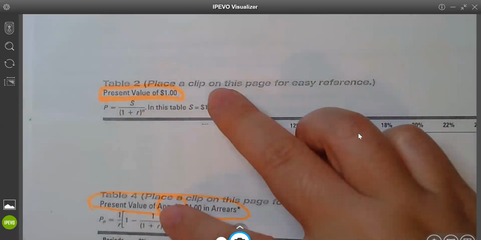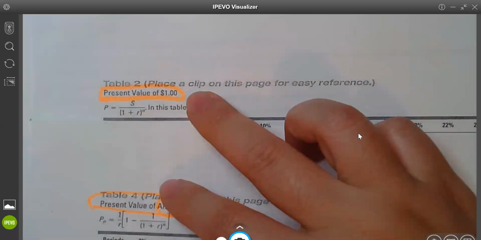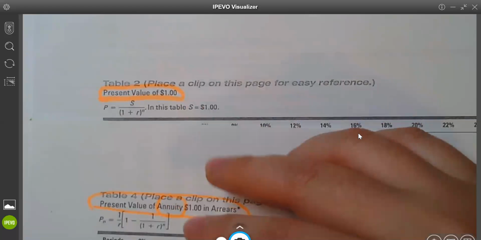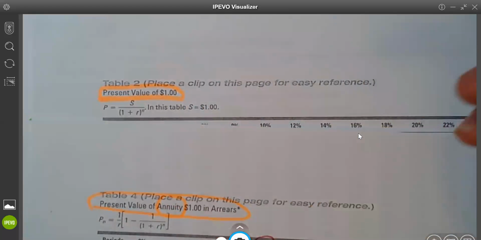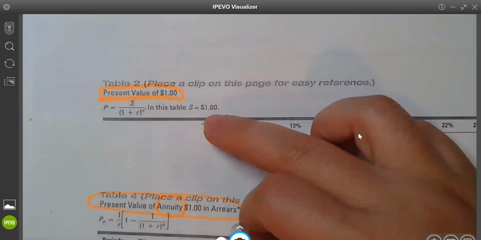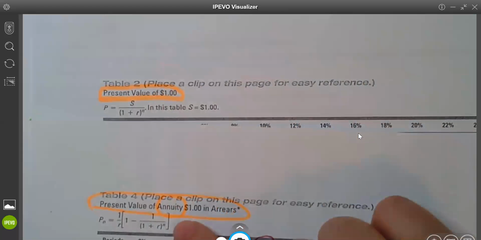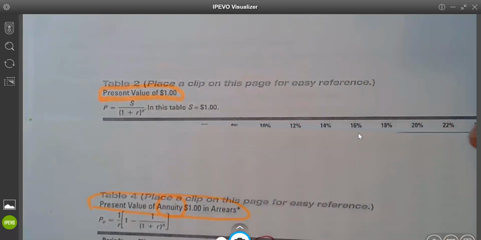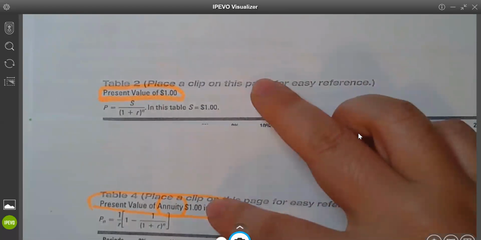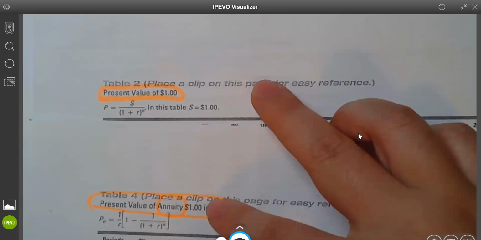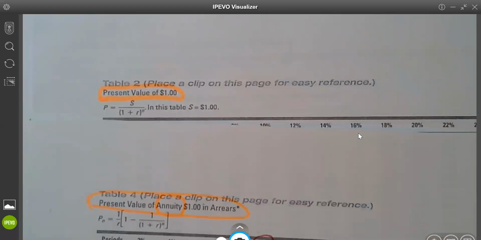I'll talk more in the next video, but the general idea is: if it's a one-time transaction, say you will get $10,000 2 years later, it will be the present value of $1, and we use table 2. But if you will get $10,000 every year for 2 years, that's when we use table 4, the annuity. Those two tables help you discount the future value to the present value.